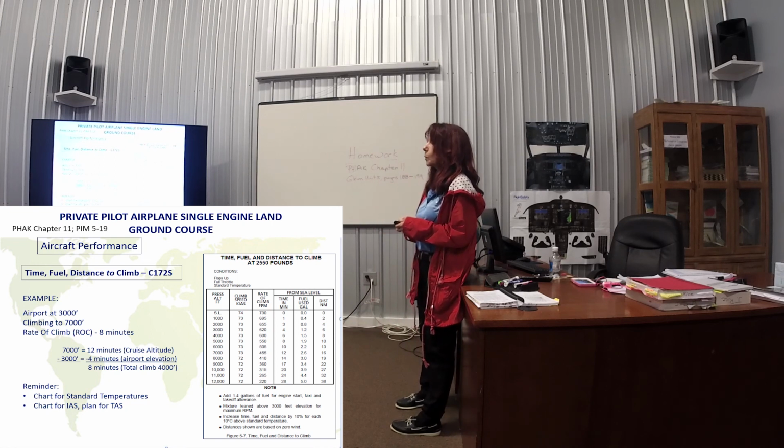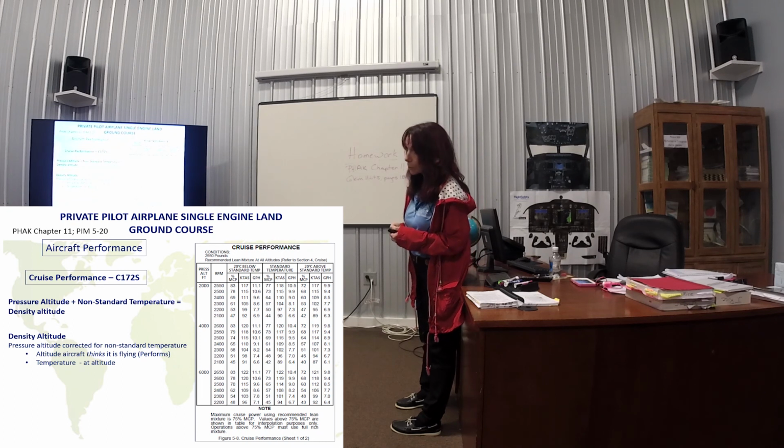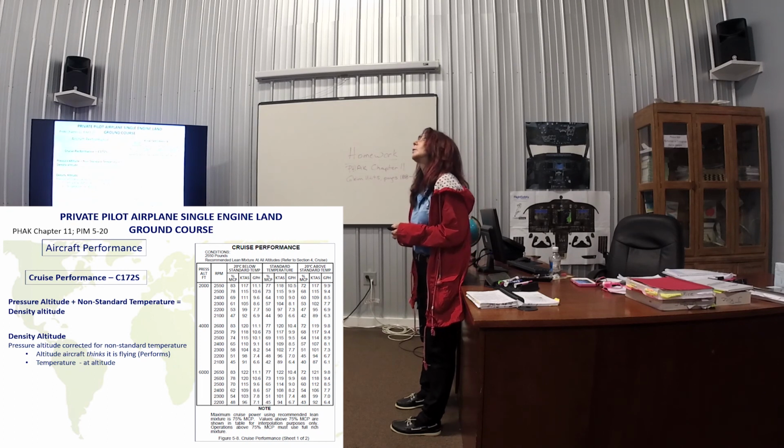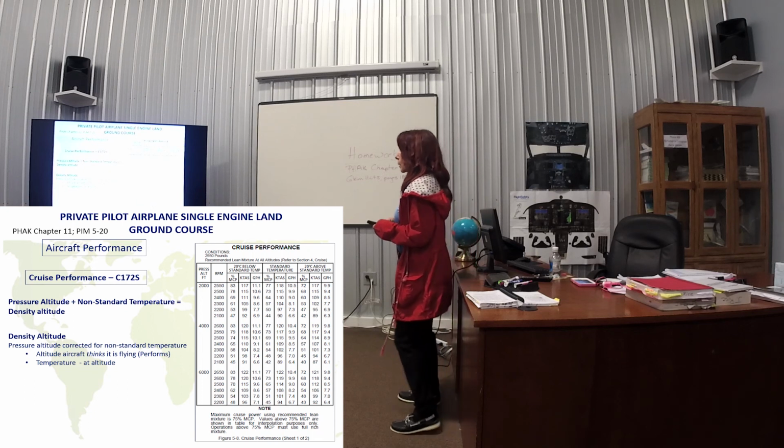And this is page 2-19. Another really good chart that makes sense. You're going to have to interpolate. Pressure altitude plus non-standard temperature is density altitude. So now you'll look at the chart.